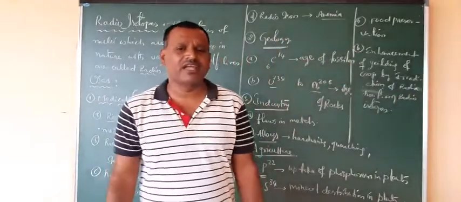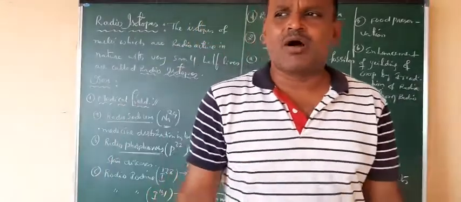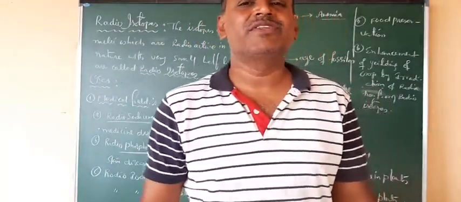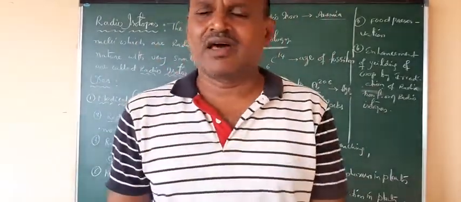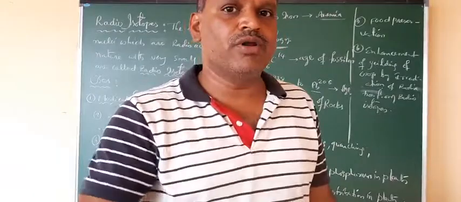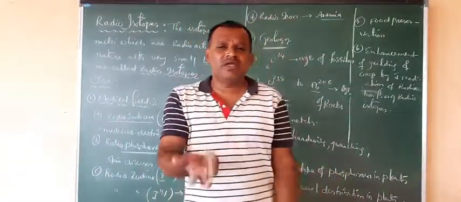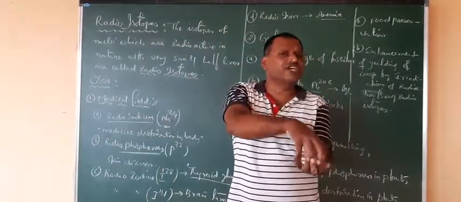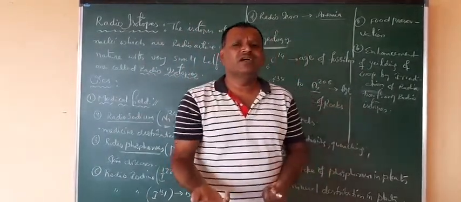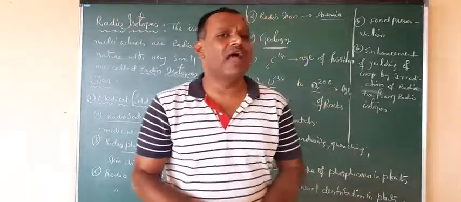That is, the yielding capability or capacity of the crop can be enhanced. That means hybridization, hybrid seeds or hybrid crops will give you more yield. That process is carried out by irradiating the seeds with the radiations coming from the radioisotopes, so that gene mutation of the plants takes place and the yielding is enhanced.